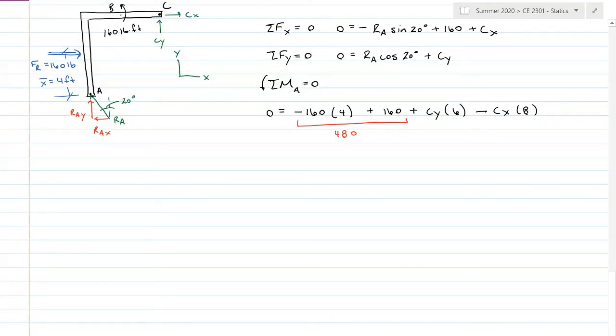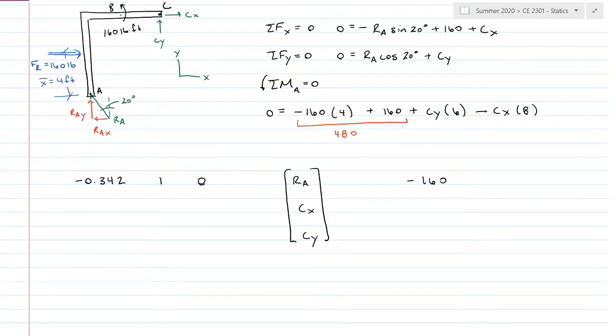Sine of 20 degrees is going to be negative 0.342. CX is going to be 1, CY is going to be 0, and my constant is going to be negative 160. So the order of my coefficients is going to be reaction A, CX, and CY. So there's my coefficient matrix.